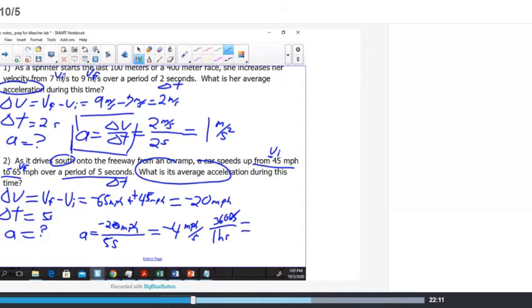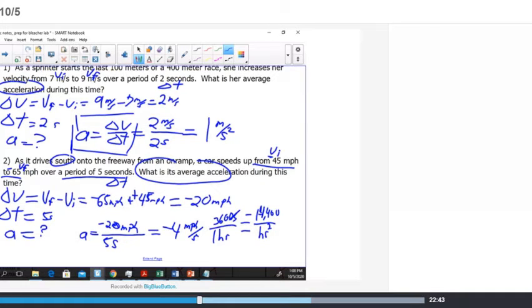If we did this, we'd have 14,400 per hour squared. So it's not miles per hour per second anymore. We could have done it easily the other way, converting the miles per hour on top into miles per second.